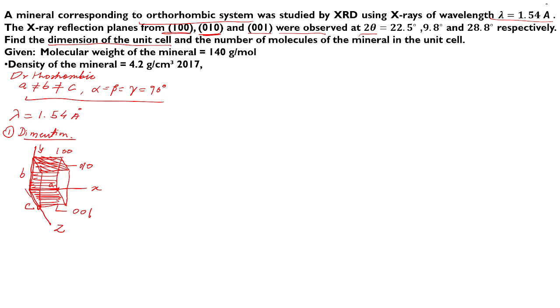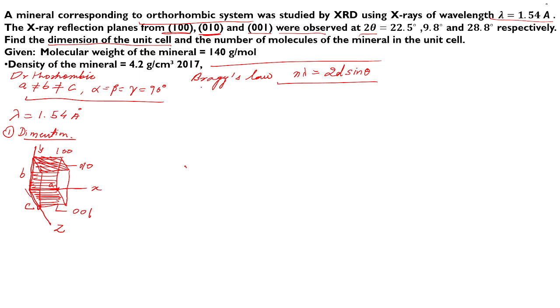Let's see from Bragg's law. According to Bragg's law, n lambda is equal to 2d sine theta. If we have these hkl planes, by using this formula we can calculate anything which is not given in the question.